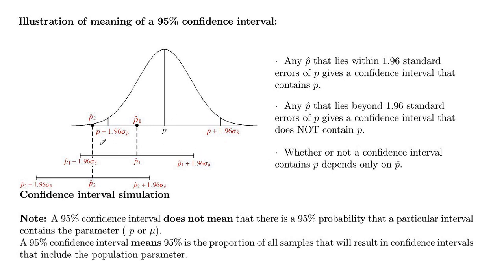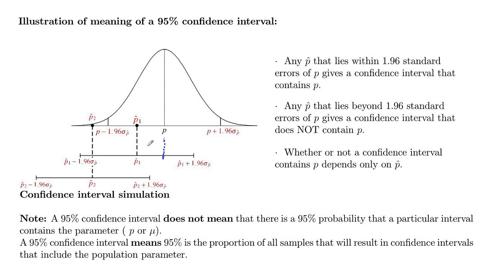When we add and subtract 1.96 standard deviations, we see that the population parameter falls inside this interval. However, for this second sample, P2 hat, that interval does not contain P. And we can see that P2 hat is not within 1.96 standard deviations of the mean.